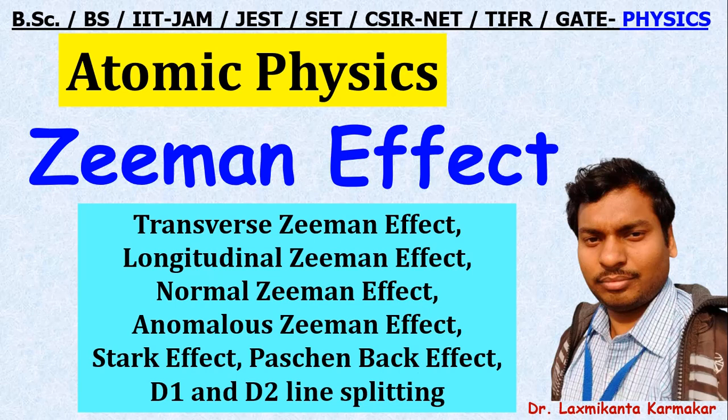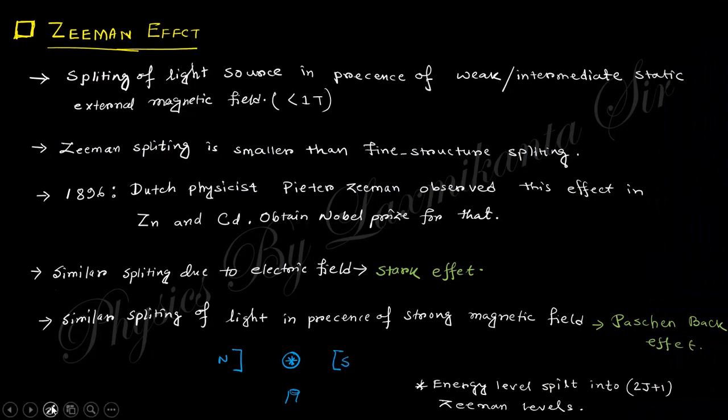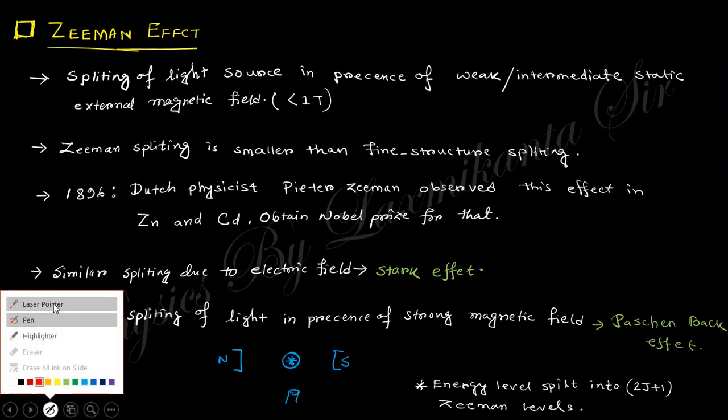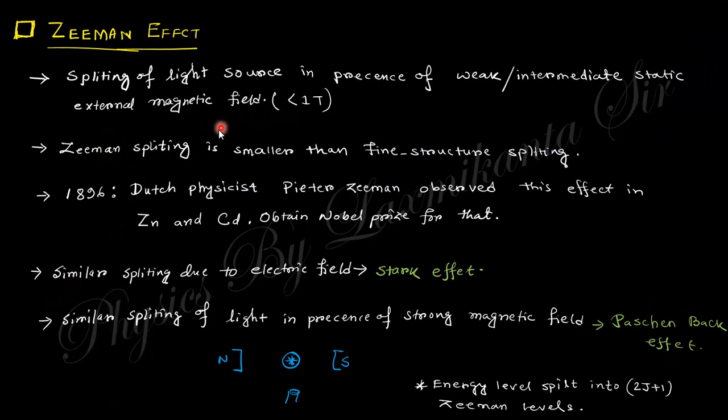So let's start. First one is, what do you mean by Zeeman effect? Zeeman effect is nothing but the splitting of light in the presence of a weak or intermediate static magnetic field.